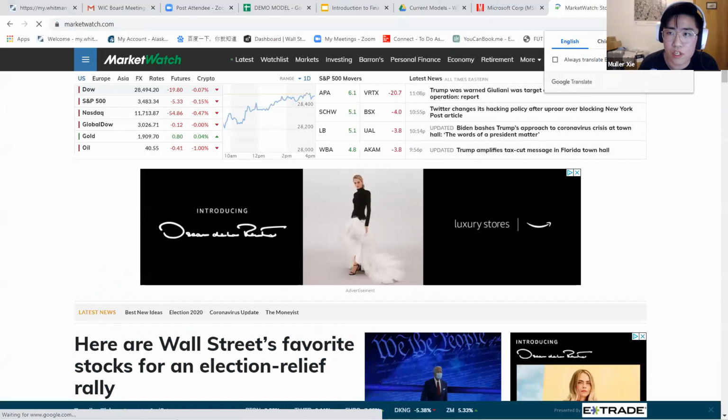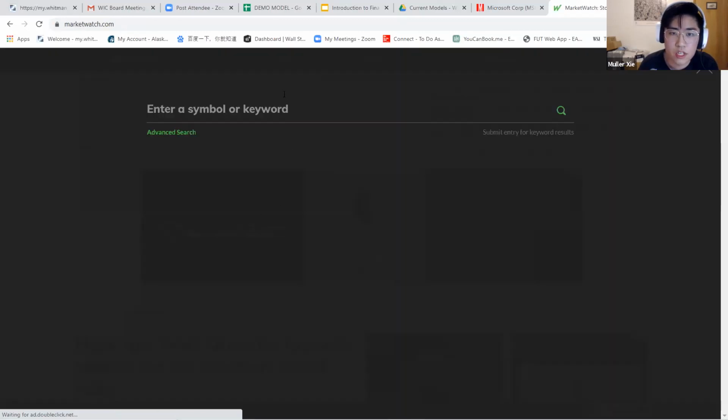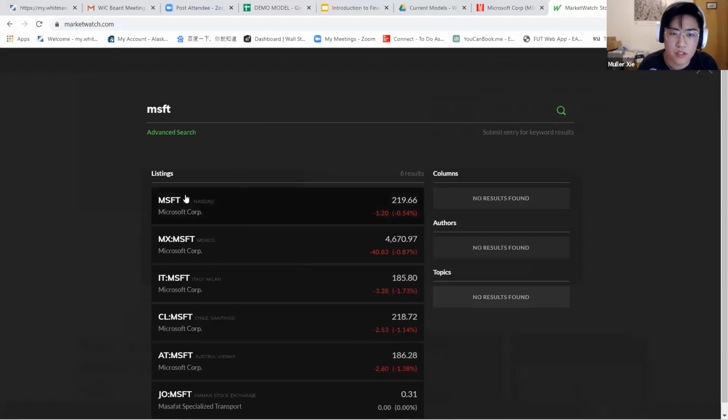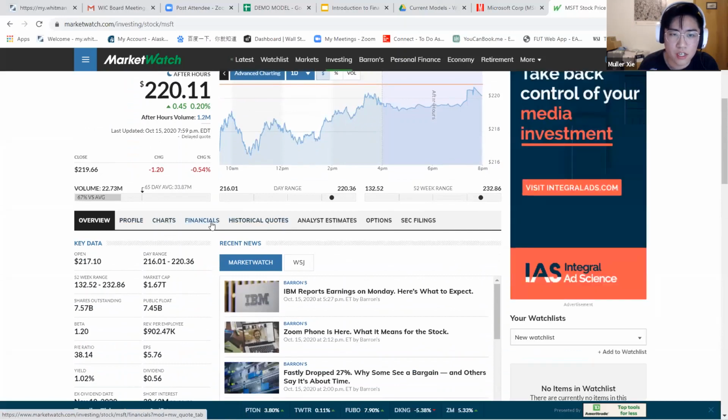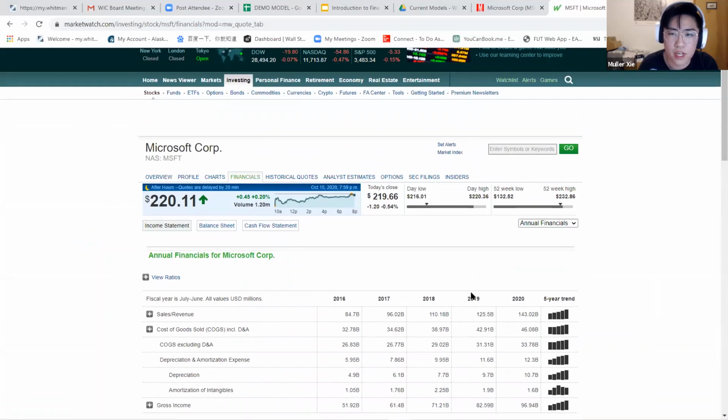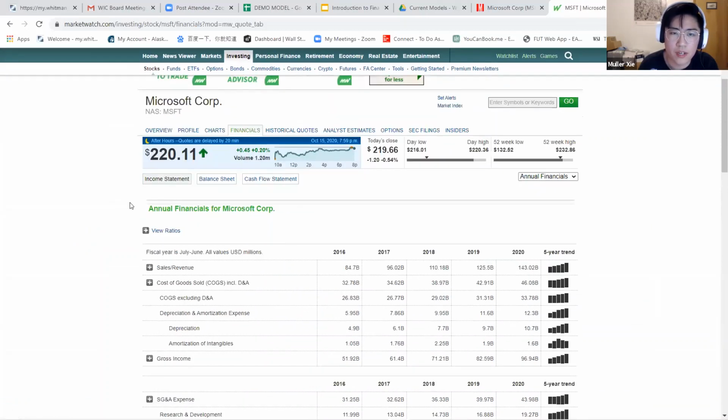If you go to MarketWatch and type the ticker of the company that you want to analyze, here is Microsoft, scroll down and click on the financials button, which gives you the whole financial statement of the company. Here we can see an income statement, balance sheet, and cash flow statement.